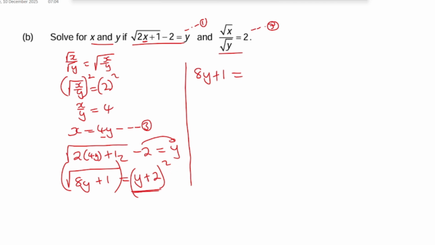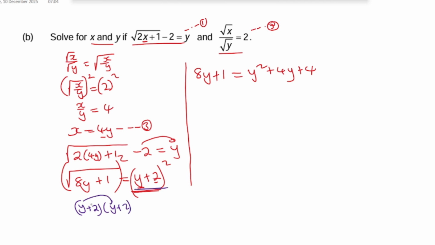There's a shorter way of doing this because you are squaring a binomial. I'll show you the shorter way. You just square the y, which becomes y squared, then 2 times y times 2, which is 4y, and then you square the 2, which becomes plus 4. But let's say you want to do it the longer way. You can say y plus 2 times y plus 2, that is y plus 2 squared.